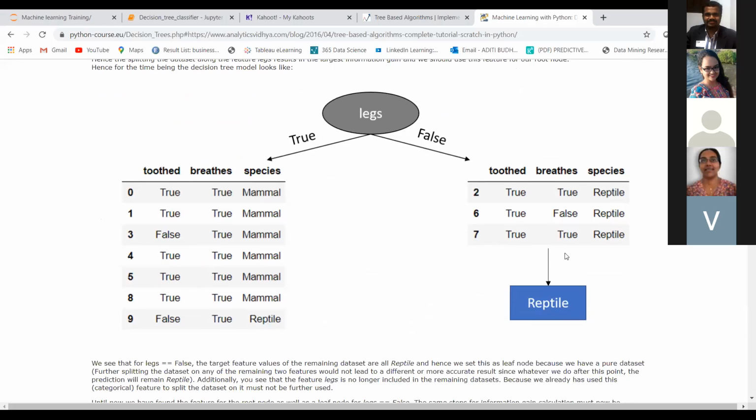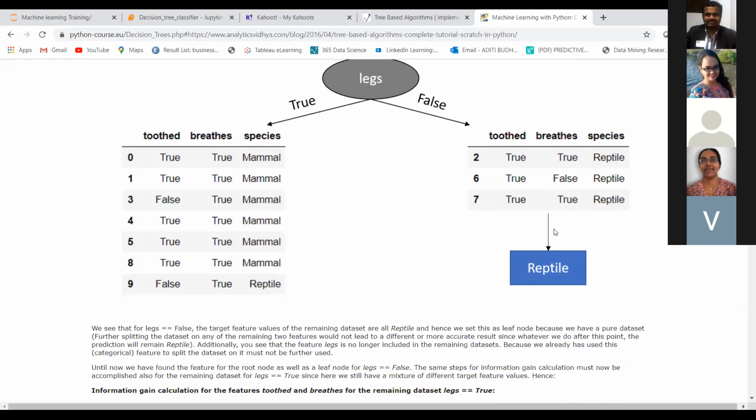And now you will be able to see that when legs is false, when that animal does not have legs, then we are getting a very uniform distribution over here. Have a look over here. All of the animals which we have split over here are reptiles.